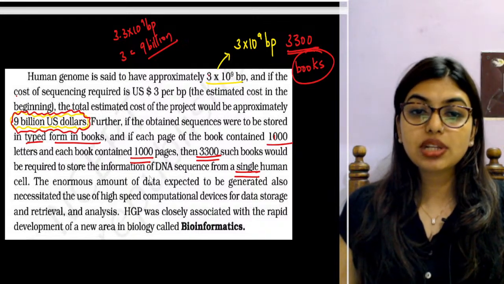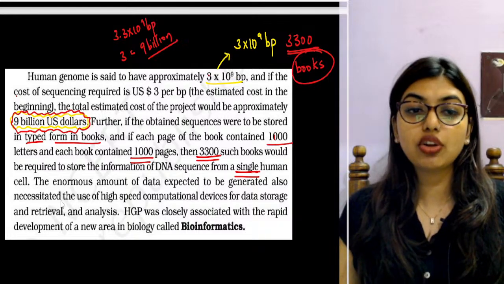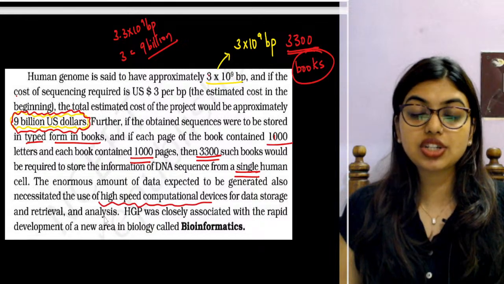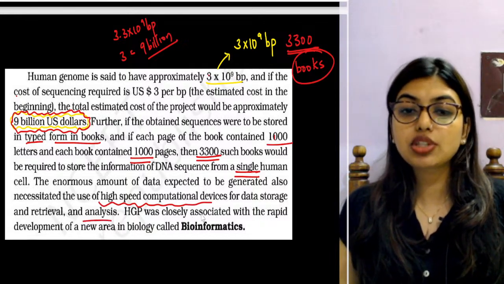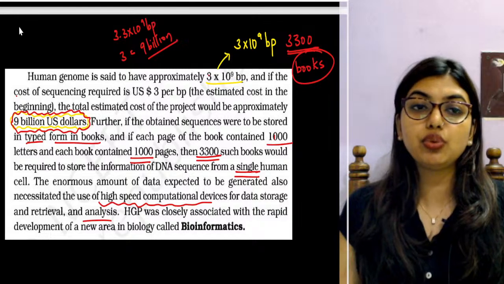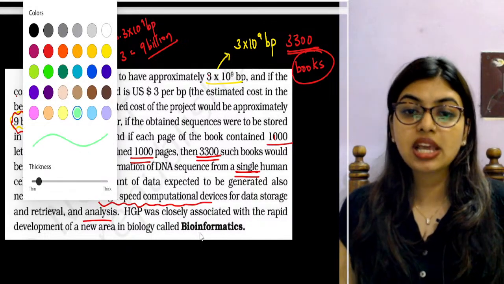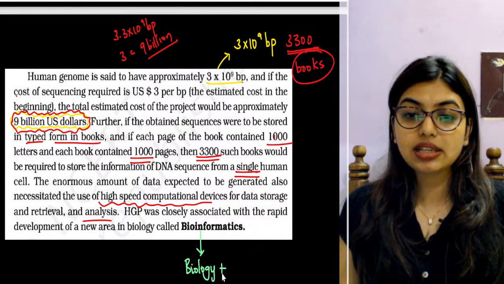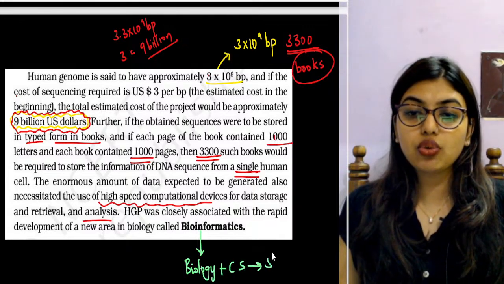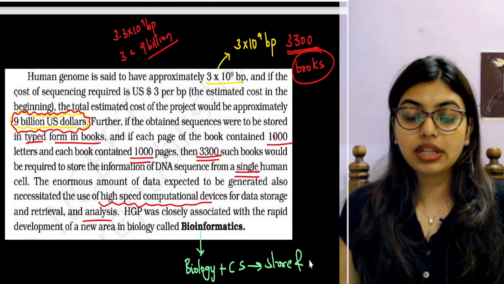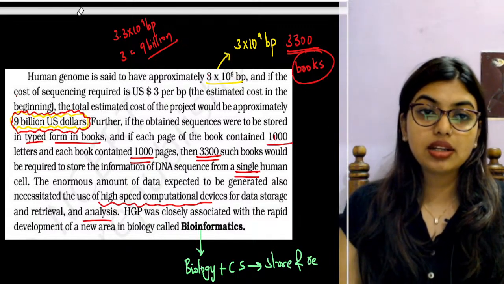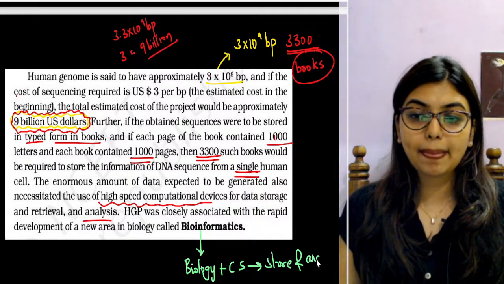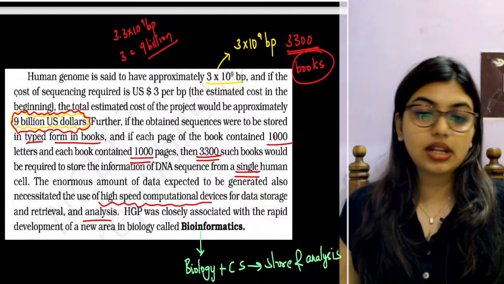So the enormous amount of data expected to be generated also necessitates high-speed computational devices for data storage, retrieval and analysis. So HGP was closely associated with the rapid development of a new area in biology called bioinformatics, where we use biology plus computer science to store, preserve and analyze the data.